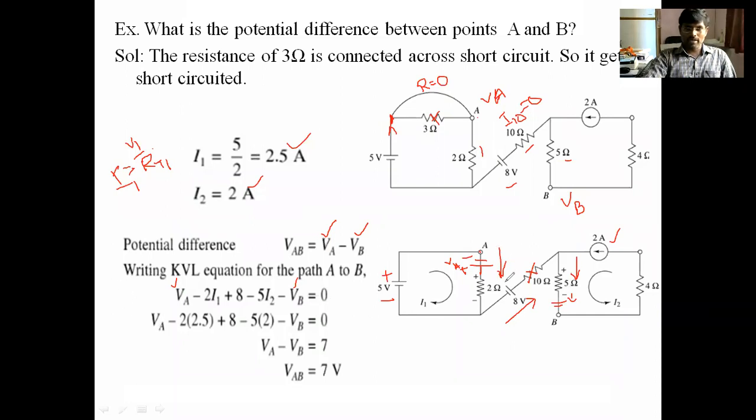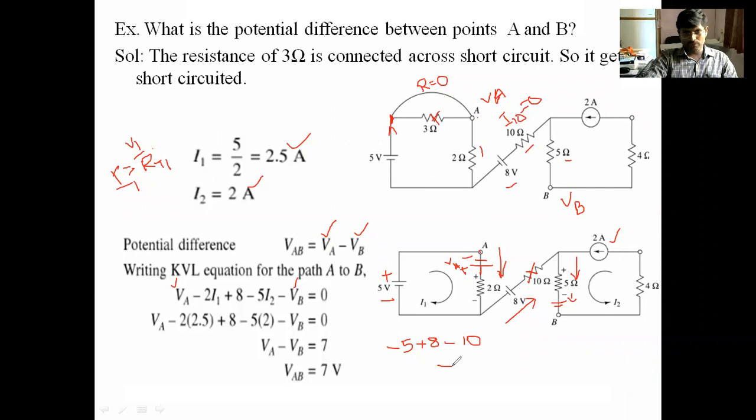From this, VA minus 2 into 2.5 plus 8 minus 5 into 2 minus VB is equal to 0. So VA minus VB is equal to 2 into 2.5, that is 5, minus 8 plus 10. Not plus 5, minus 5 plus 8 minus 10.